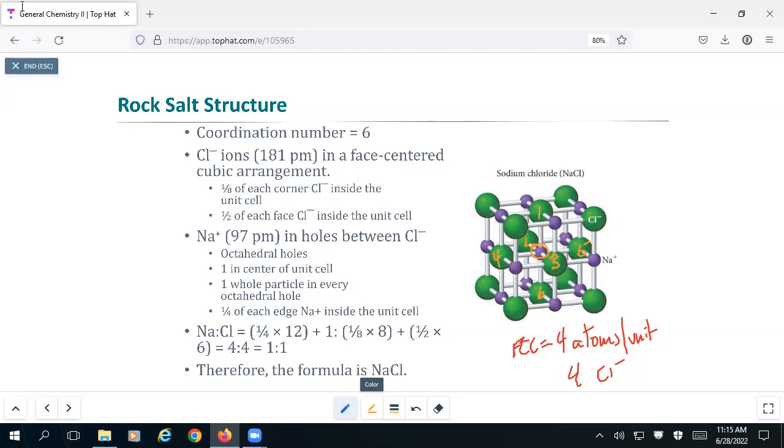So I've got 4 edges here, 4 edges there, 4 edges there. So 1 plus 12 edges times 1/4 each. My unit cell has 4 sodium ions, 4 chloride ions. And so if I break that down into the simplest form, this is where we get the formula. Sodium chloride is NaCl.